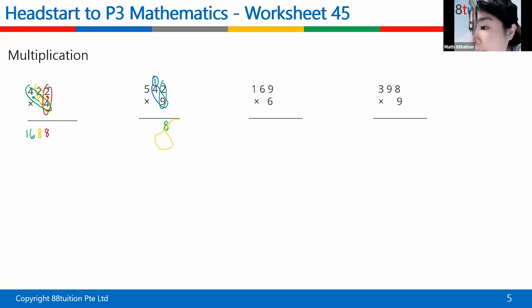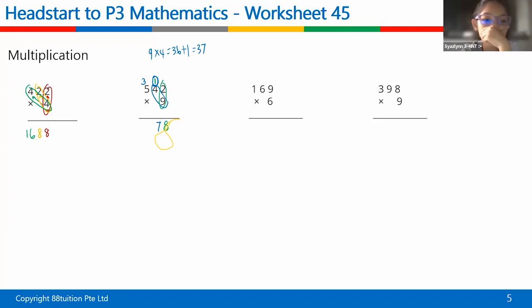How about this one here? What am I going to do with it? I mean, put 7 below the 4 and then add 3 on top. So basically, 9 times 4 is 36, but I need to add the extra 1. So it's 37. Correct, Sheslin? Yes, so I put 7 here, and I'm going to put 3 here. Okay, what's the next step, Sheslin? 9 times 5.